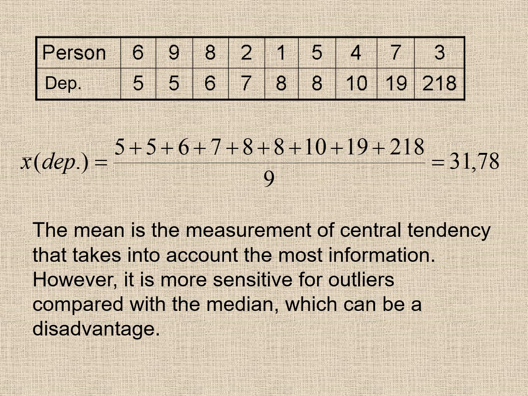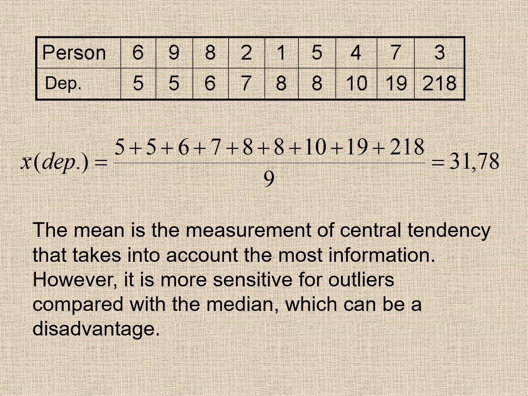And it's pretty much higher than the second highest value of 19. And the reason for this is, of course, that we have this extreme outlier, a person with 218 in measured depression. So the mean is sensitive for outliers, as in this example.